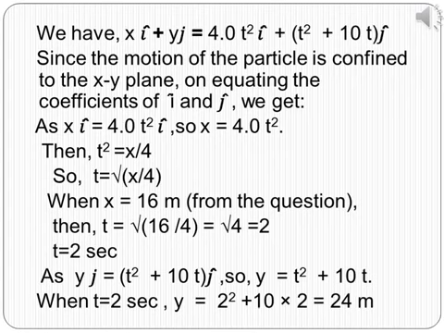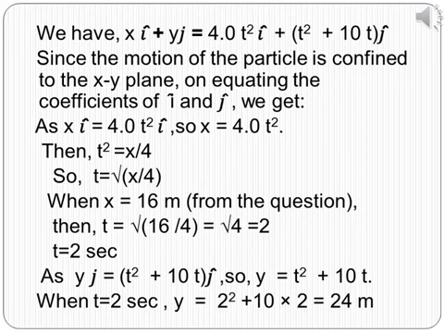When x is equal to 16 meter, what should be the value of the time t? t is equal to square root of 16 by 4, which is square root of 4, which is 2. That is, time t is equal to 2 seconds. And also we have to find the magnitude of the y coordinate of the position vector of the particle when time t is equal to 2 seconds, as y j is equal to (t square plus 10t) j cap.